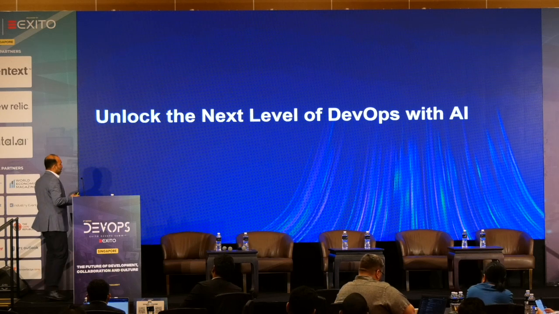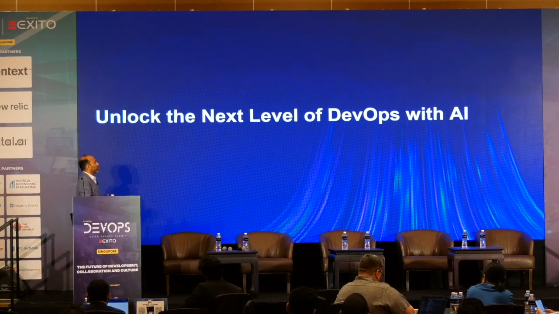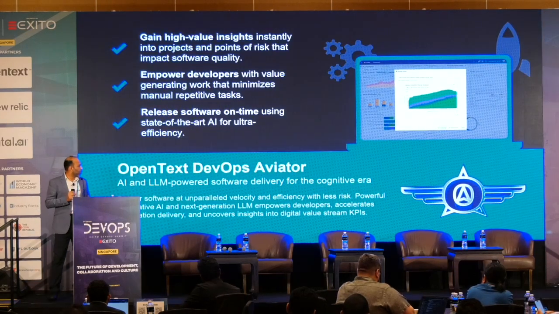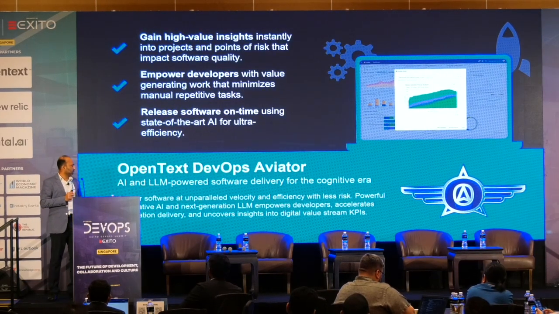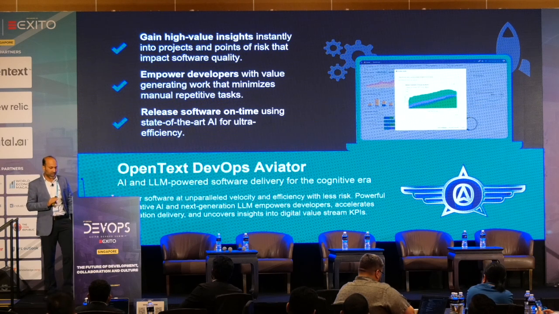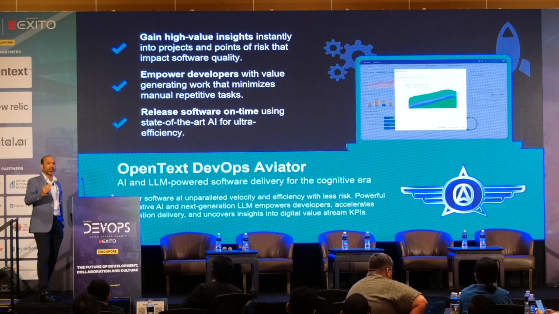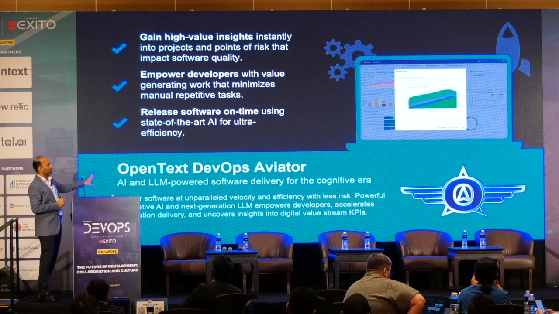Okay, next let me take you to the next level of DevOps with AI. It's DevOps Aviator. We just recently launched DevOps Aviator. DevOps Aviator is not a separate solution or separate platform. It is a part of our platform.